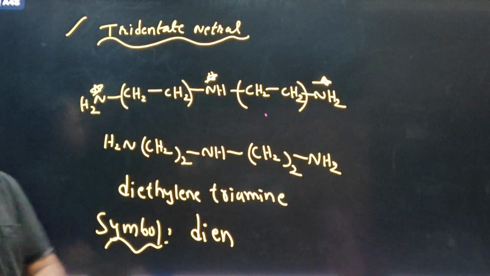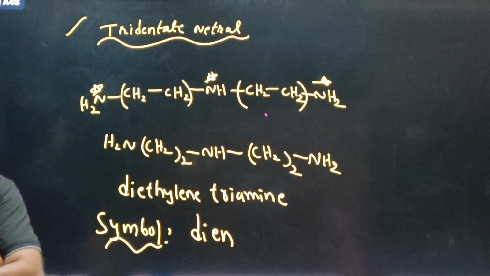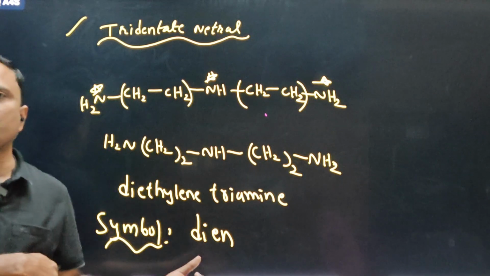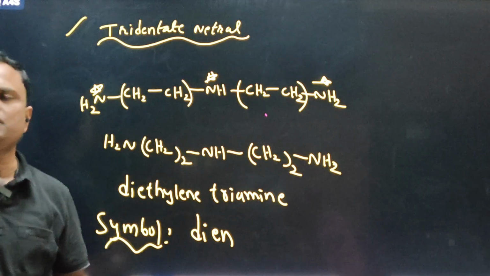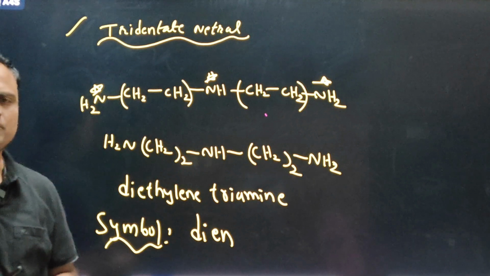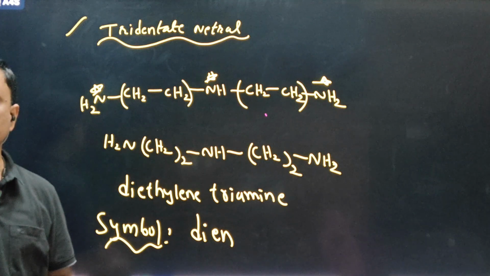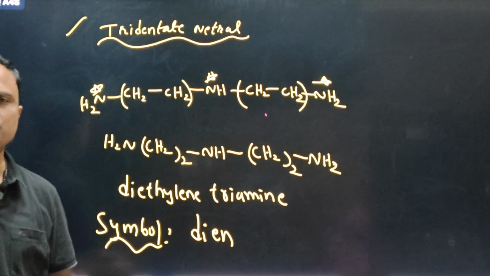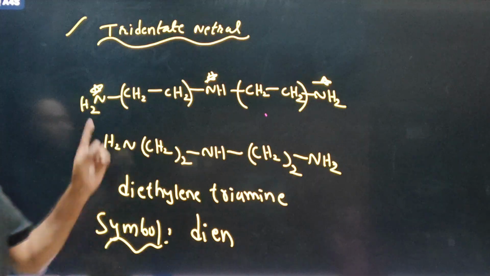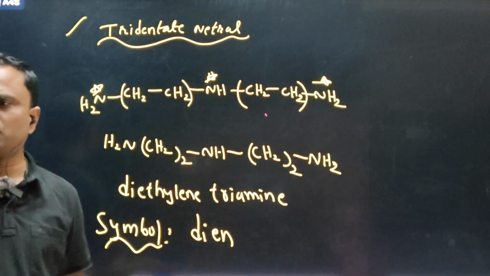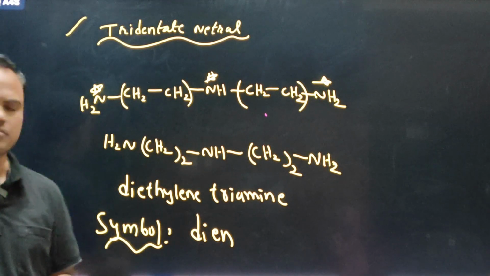Which of the following is a tridentate ligand? Tridentate neutral ligand. The answer is dien. Tridentate negative is done, and tridentate neutral also done.